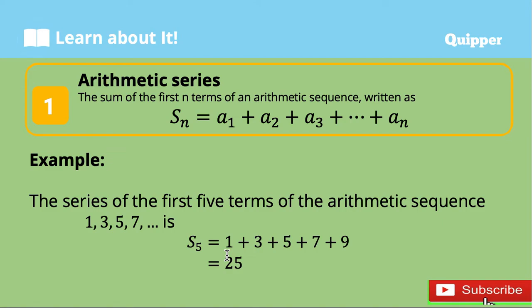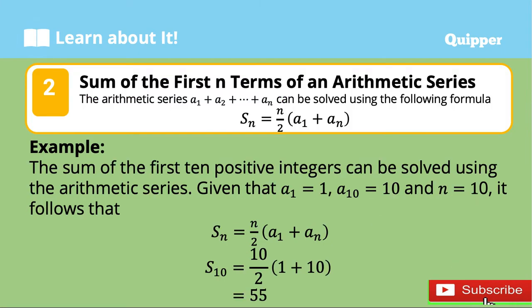Now, what if we are to find the sum of the first 100 terms in a given arithmetic sequence? Of course, we will not be adding one by one. We have to use a formula, and that is the sum of the first n terms of an arithmetic series.